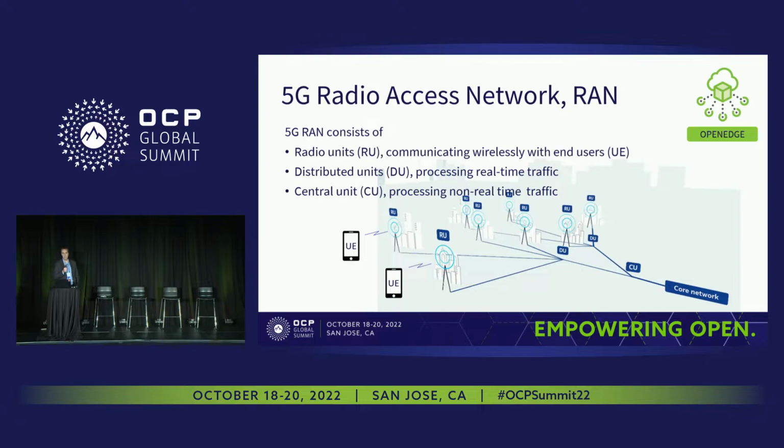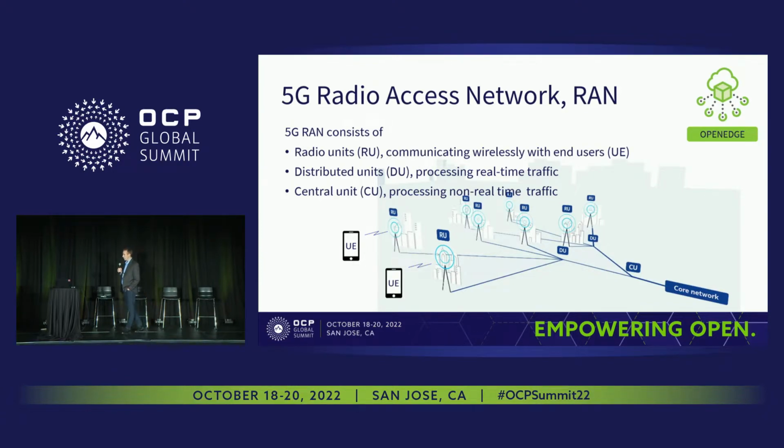Then we have the distributed unit, which is the first part of the baseband processing. And that is processing the real-time traffic coming from the radio units, and of course also going vice versa towards the radio units and towards the end users.